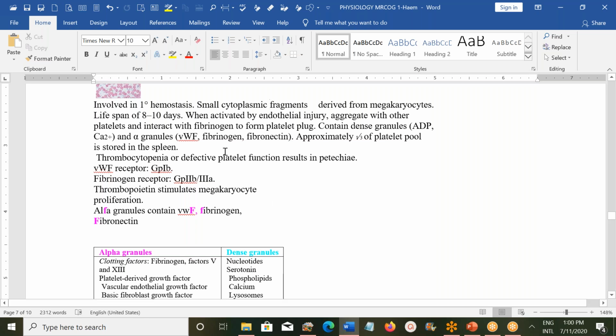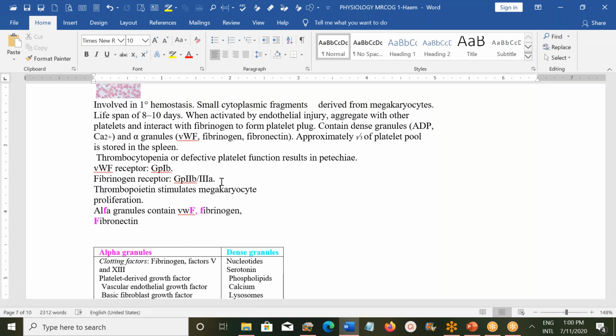The blood vessel has been injured, so collagen is exposed, so they will go to the endothelial site and attach to the collagen. Why? Because they have specific receptors. What receptors? They have different types of receptors like GPIb, or the GPIIIa receptor. That is also important for their function.